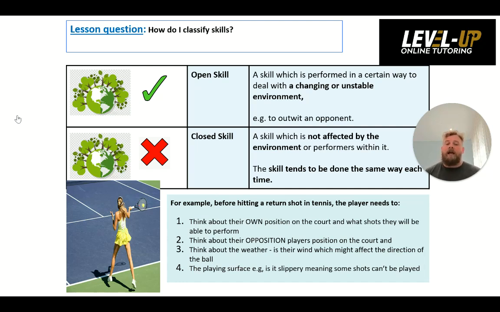So we're going to have a look at a return shot in tennis. The player is going to need to think about their own position on the court and what shots they will be able to perform. They'll need to think about their opposition player's position on the court.